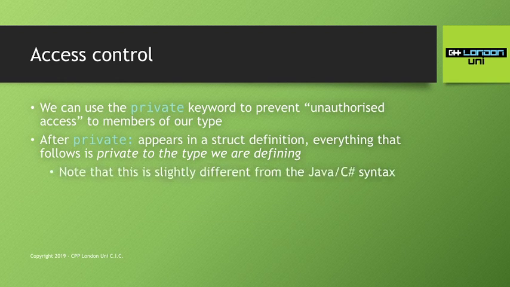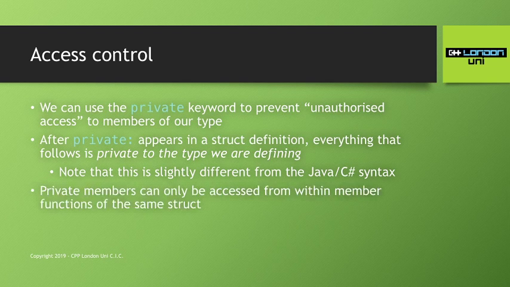Again, if you're into Java or C#, this is exactly the same meaning that private has there, but the syntax is very slightly different. Things that we declare as private can only be accessed from within member functions of the same type.